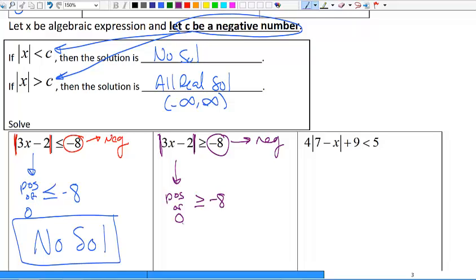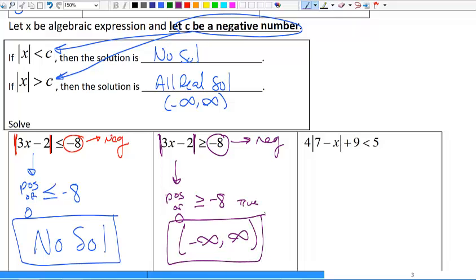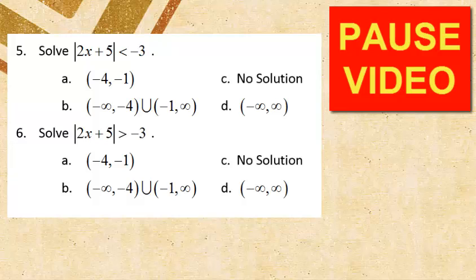Are positive or 0 things always or never greater than or equal to negative 8? Well, positive things are always bigger than negative, right? So this is true. Because this is true, my answer is all real solutions. And the way we write that is negative infinity to positive infinity.